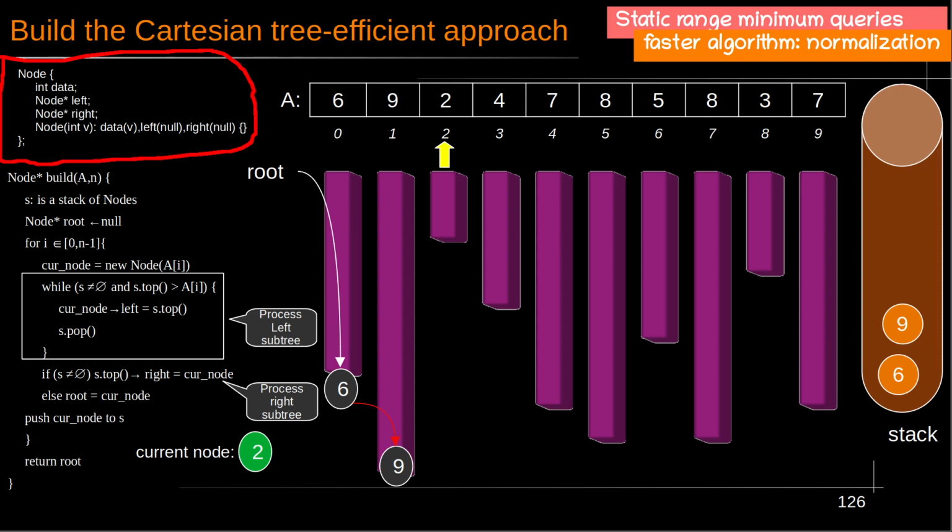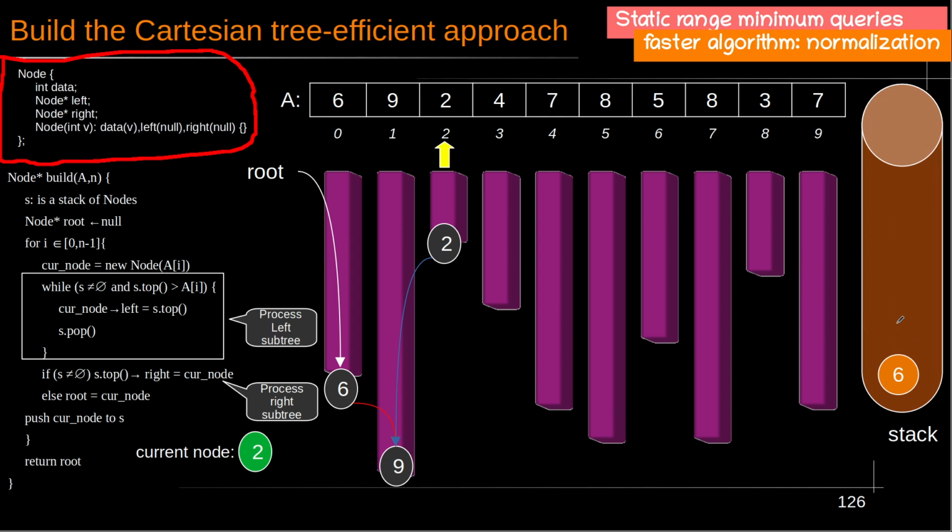We come back to the next element. The current node is 2 now. We check, is 9, the top of the stack, greater than 2? The answer is yes. So the left of that current 2 will be the top of the stack, which is 9 here. And we pop 9 from the stack. We check, the stack is not empty, the top of the stack is 6.